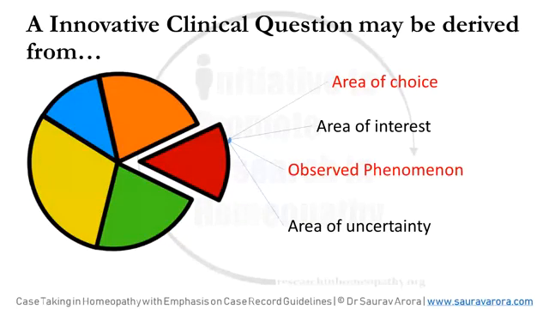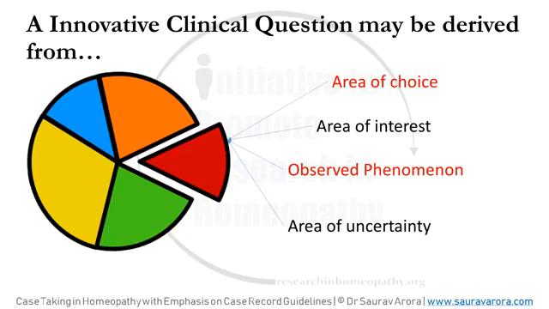Now, for presenting a case or writing a case, the example I always give is the derivation of innovative clinical questions. This derivation is basically from an area of choice, an area of interest, an observed phenomenon, and an area of uncertainty. If you have an area of choice, you will work in that area.